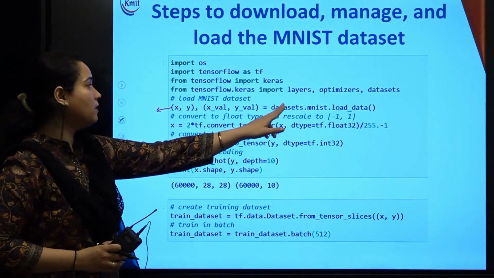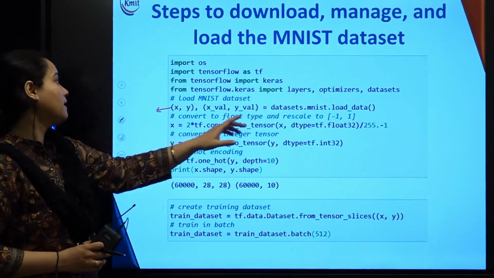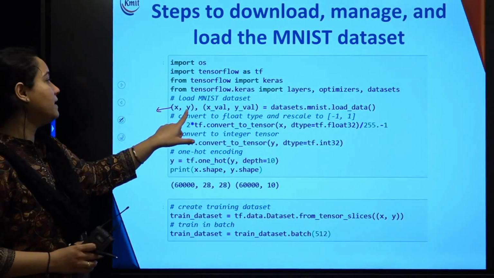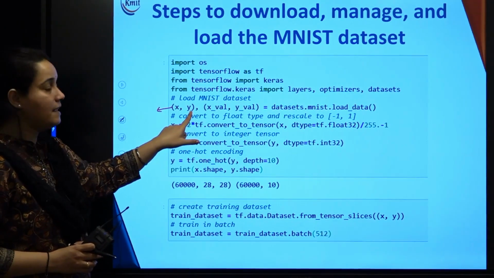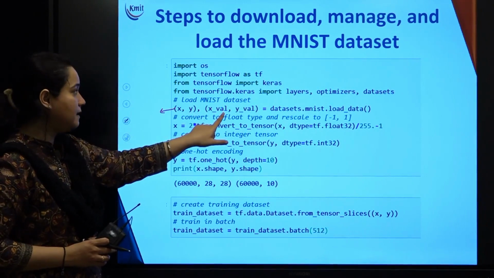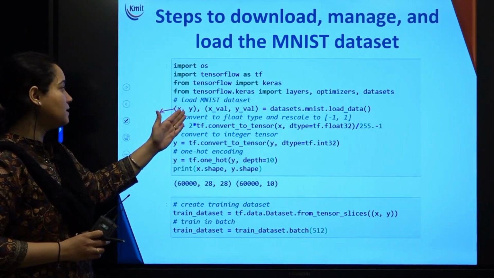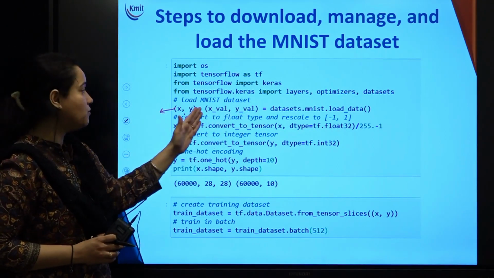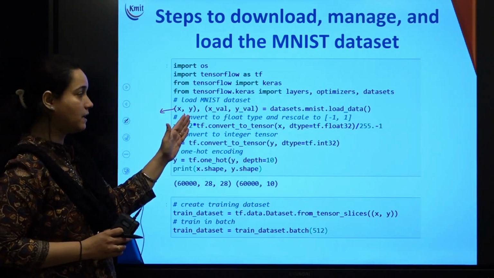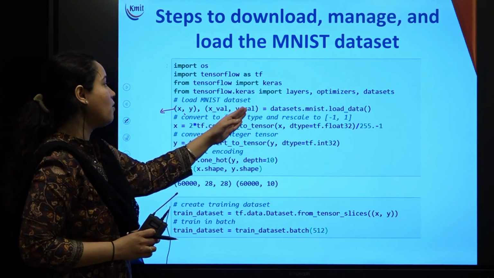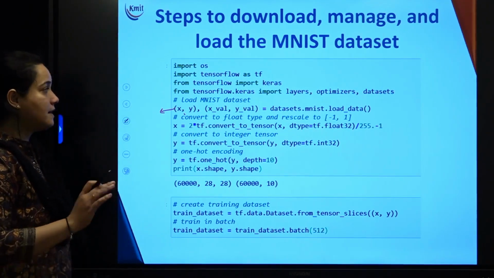Once I load that dataset, which is inbuilt in Keras, I get all its values loaded as X, Y and XVal, YVal. So X, Y is going to be my training data set, and XVal, YVal will be my testing data set.